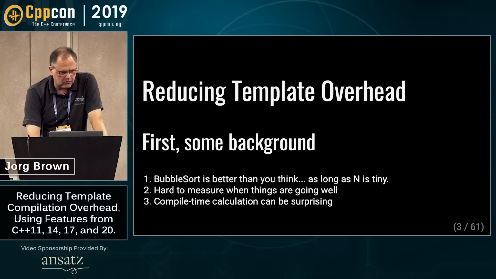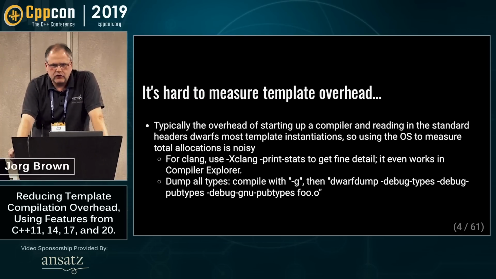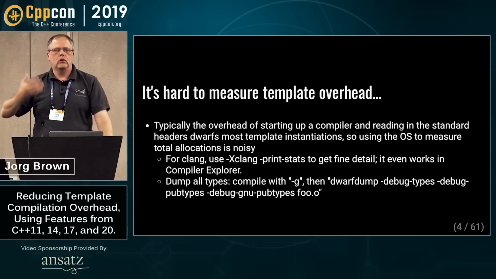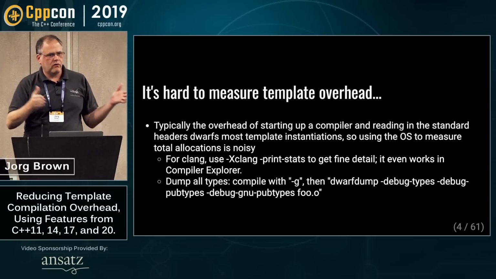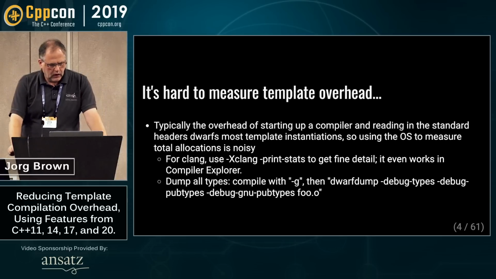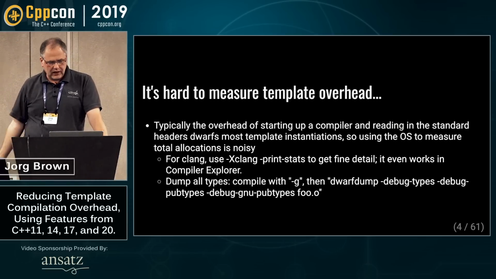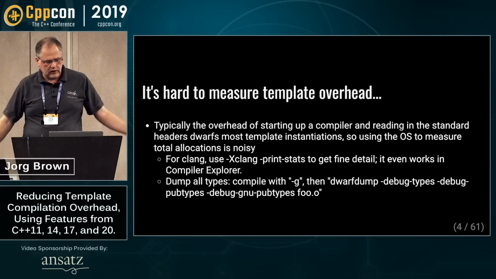Note also it's kind of hard to measure sometimes when things are going well. You can't just start up a Unix tool and measure the amount of memory allocation before and after in many cases, because the test cases that you construct are just lost in the noise. And in the real cases where people are doing real work and the compiler takes 5 minutes and consumes 10 gigabytes, there's so much data that you can't handle it.